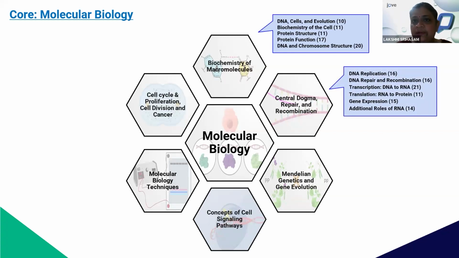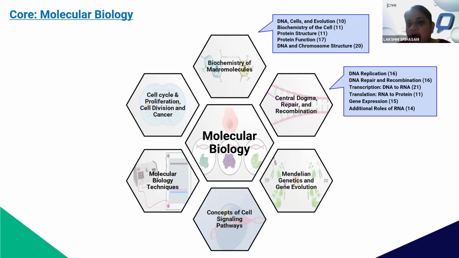Please note that next to each of these topics, I have put some number in parentheses. That is the number of lessons that are present in our website discussing that particular concept.